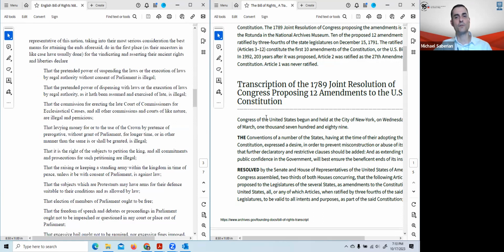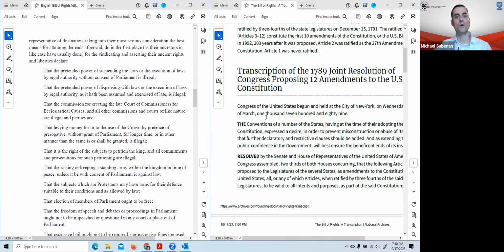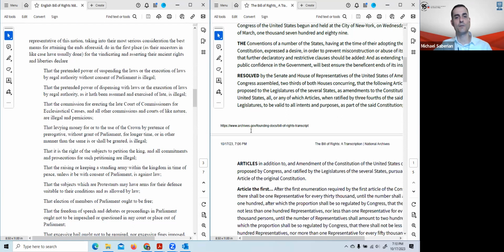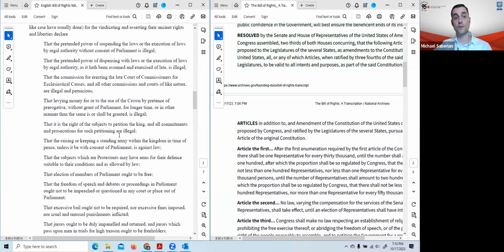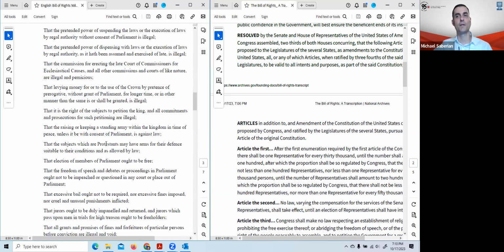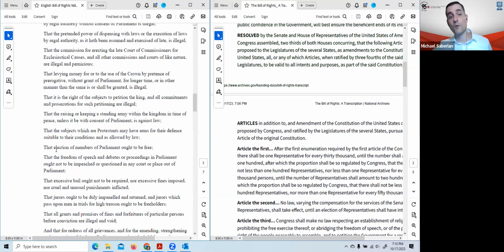The first thing that you want to notice is there is no freedom of speech in the English Constitution. There is a freedom of speech for members of Parliament.